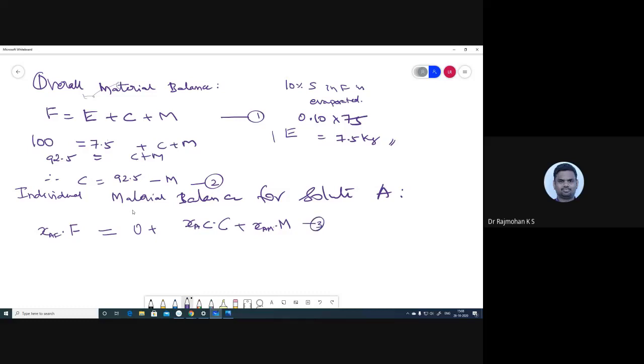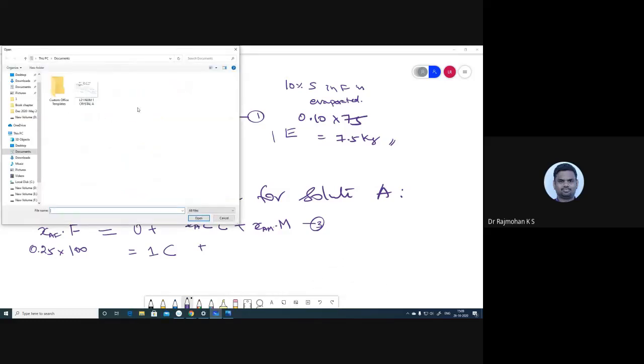We can substitute into the equation. XA in the feed is given as 0.25, right? So 0.25 into 100 is equal to XA in C, which is 1, into C, plus XAM, which we have determined in the previous slide.